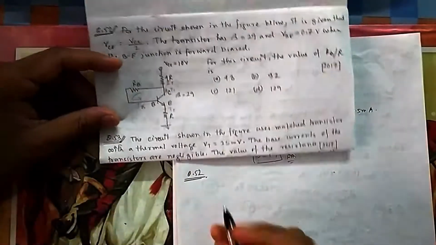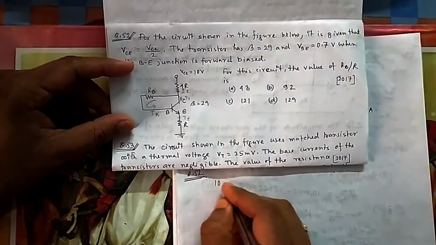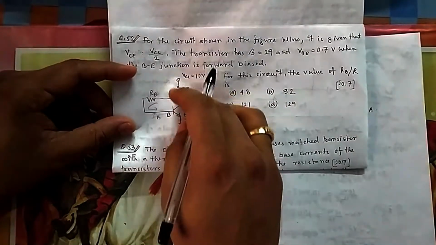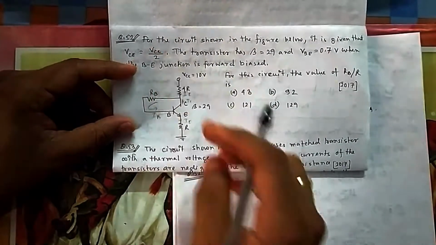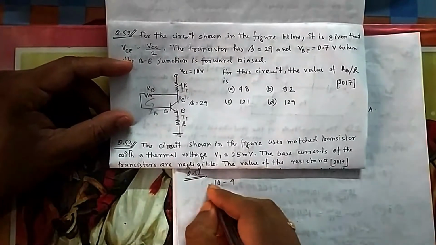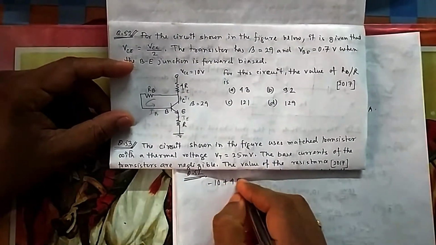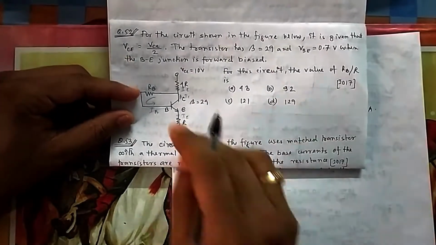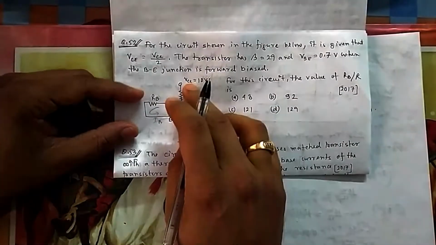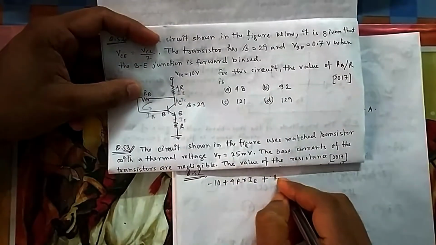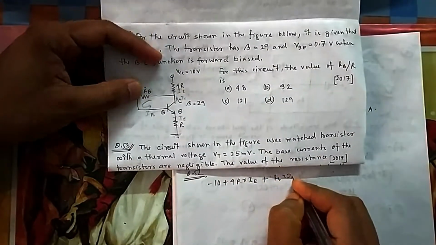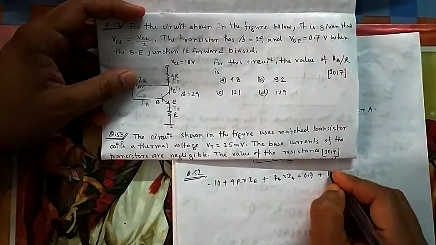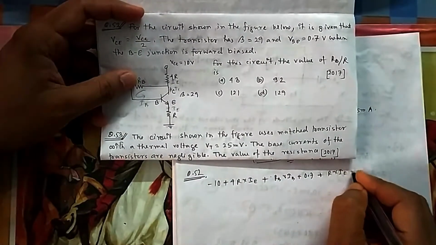So if you take KVL along this path, it will be minus 10 plus, moving in the reverse direction, 4R into IE, minus plus again RB into IB, then again plus VBE, which is 0.7, then again plus R into IE, that is equal to 0.